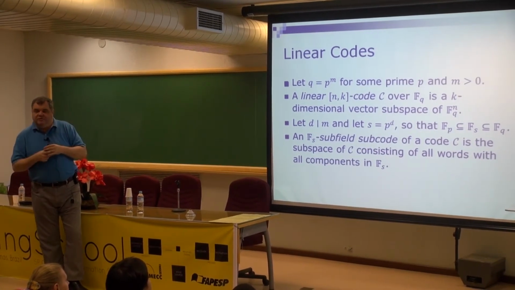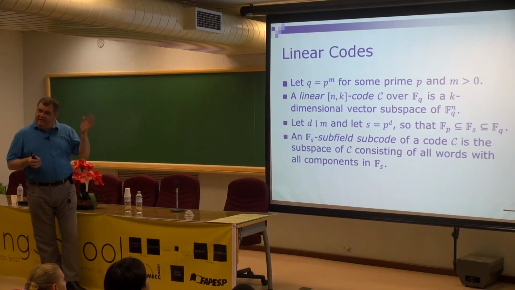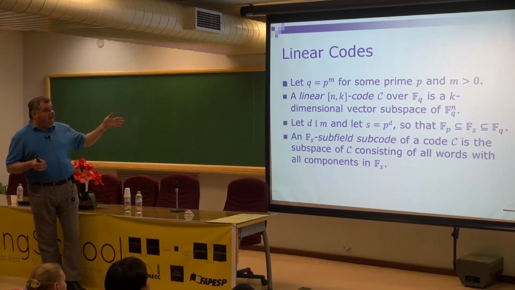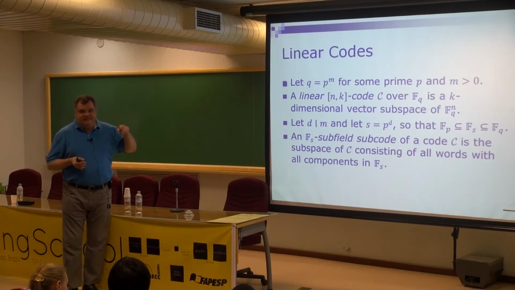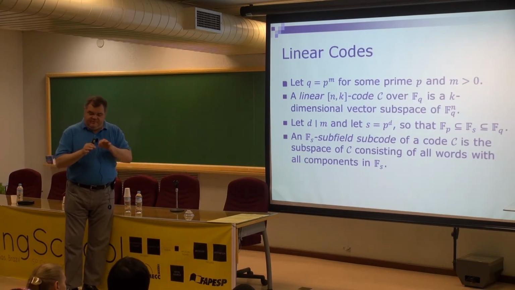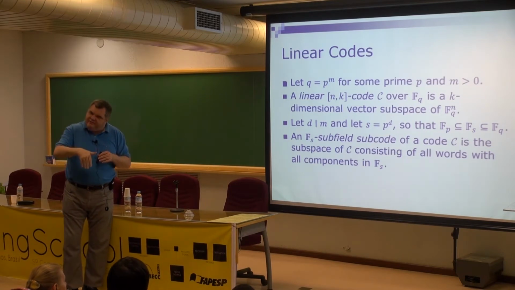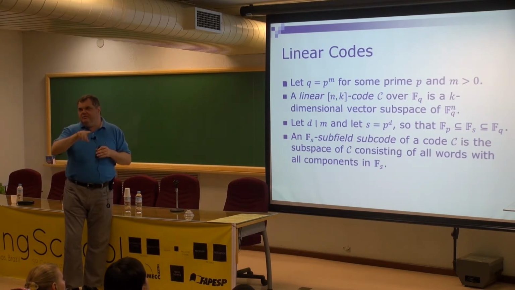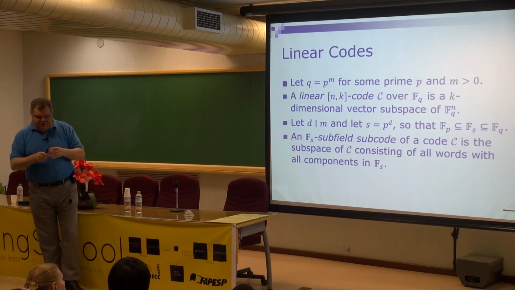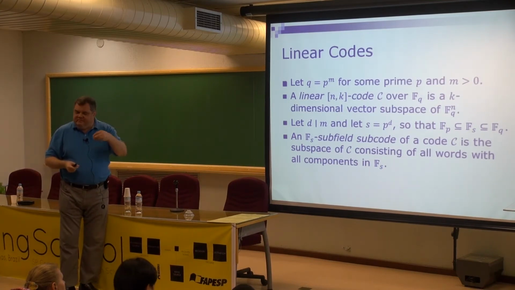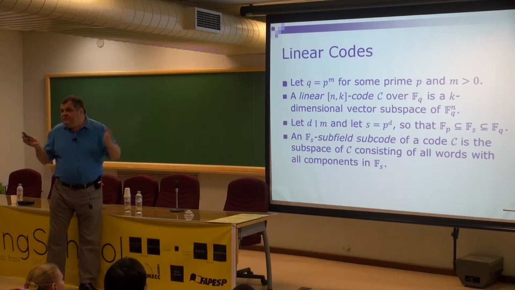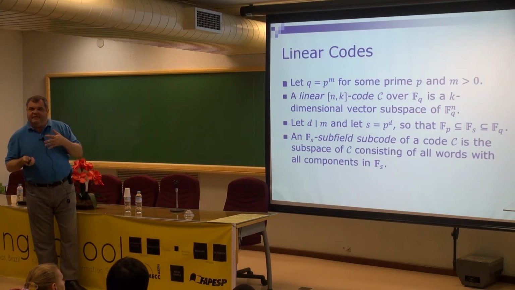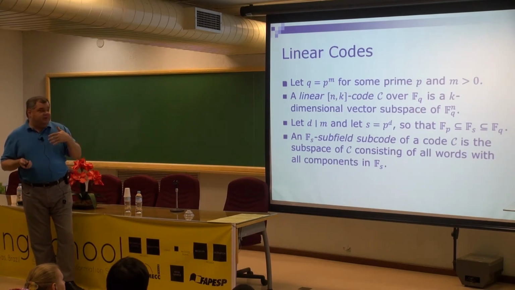So we'll talk about [n,k] linear error correcting codes. An [n,k] code is a k-dimensional vector subspace of F_q^n. F_q is the finite field with q elements. So we take n copies, we have a vector space of dimension n, and a k-dimensional subspace of that space is what we understand when we talk about a code.